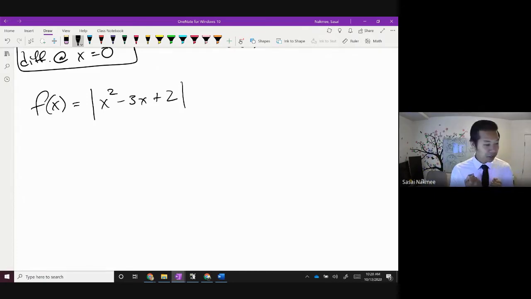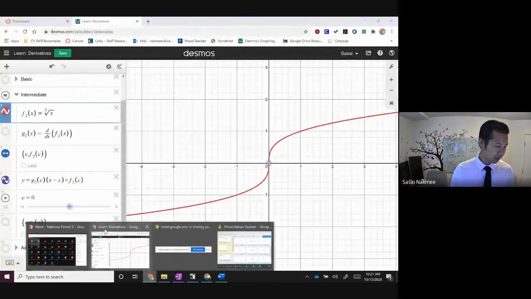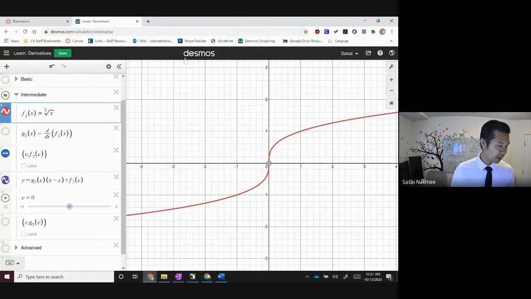This function is continuous. I hope you would agree with that. x squared minus 3x plus 2 is a parabola function, which is continuous everywhere. The absolute value, though, makes it look a little weird. So hopefully you guys got that down. If not, I'll put that back up in a second.